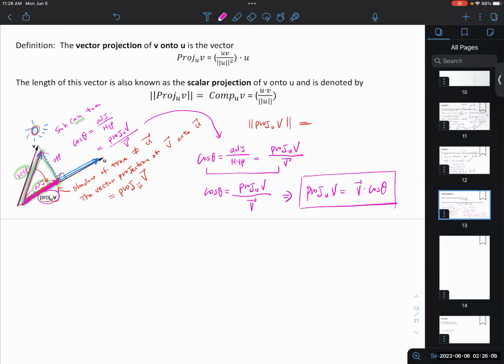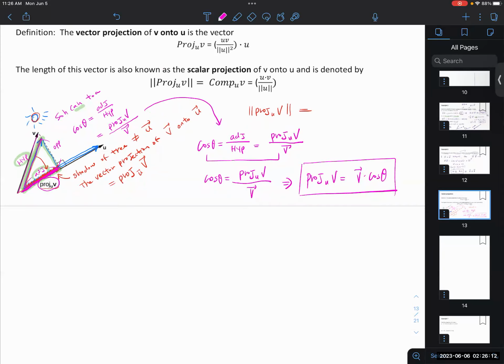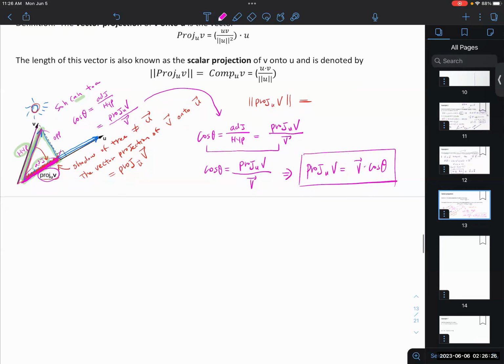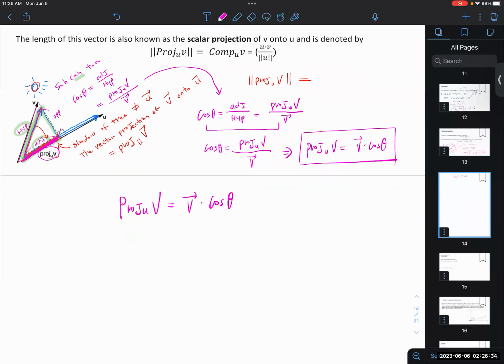We found this information from the right triangle's characteristic SOHCAHTOA. Cosine theta is adjacent over hypotenuse, the adjacent is the projection of v onto u, and the hypotenuse is the v vector. So we found that the projection equals the v vector times cosine theta.